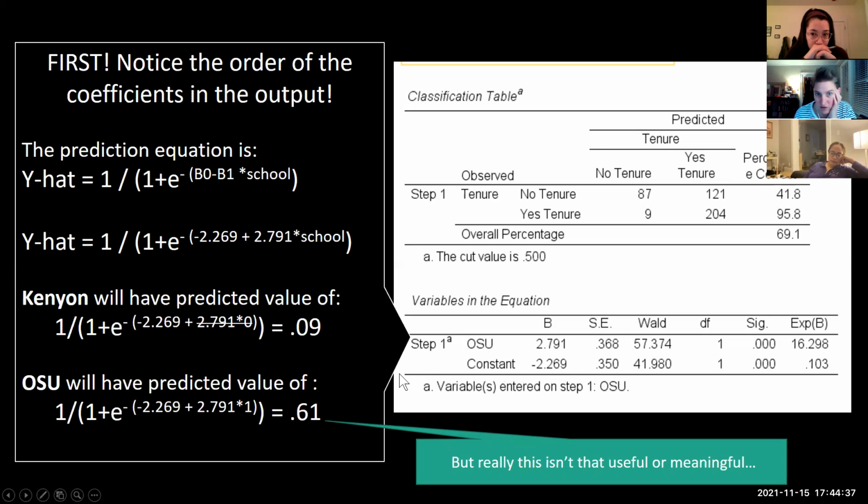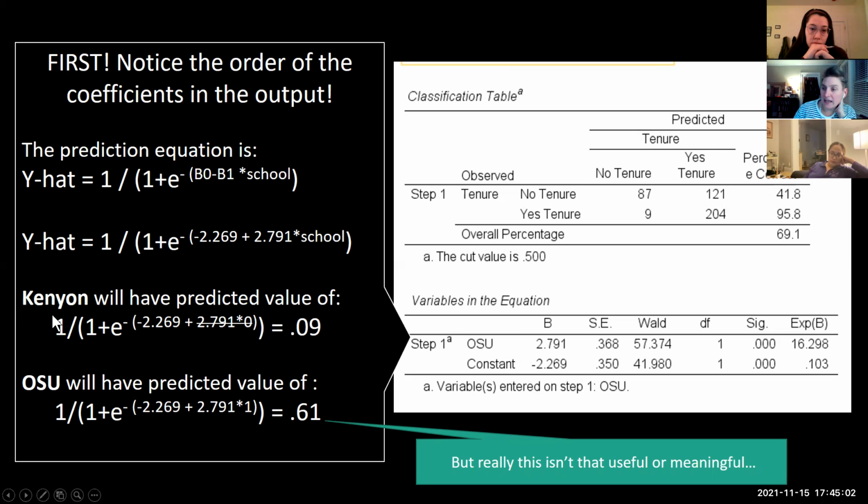Bizarrely, check it out here, you guys. The constant in logistic regression gets plopped to the very bottom of your table. So you'll look for it in a different spot than you have before. It'll be the last thing. So here's your constant, your b0, plus b1 times x. So here's b1, 2.79.